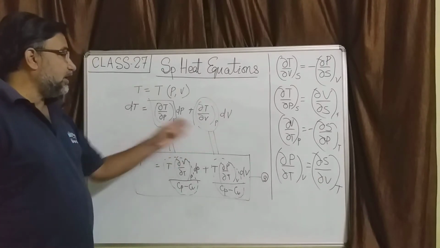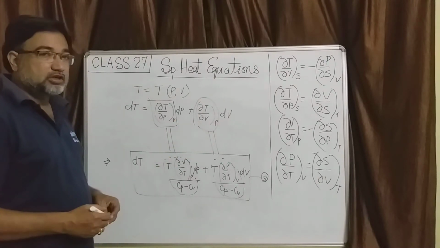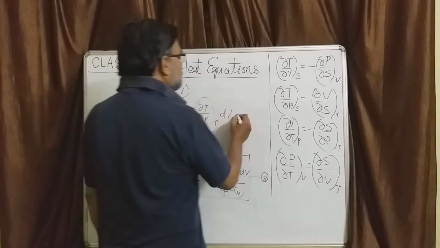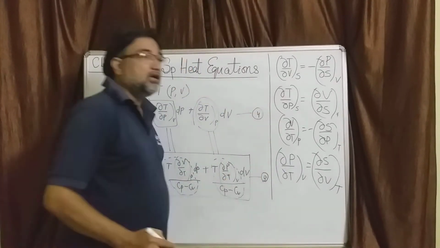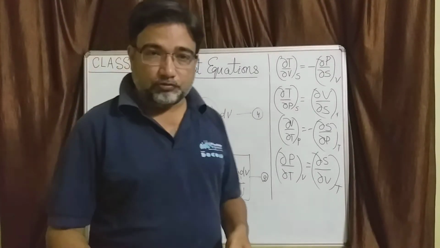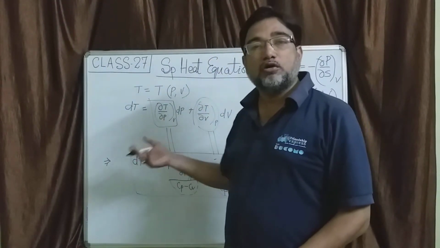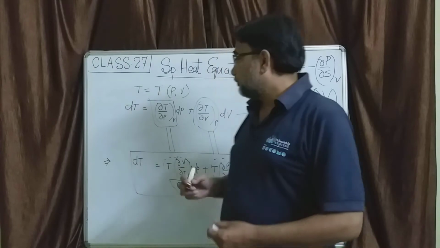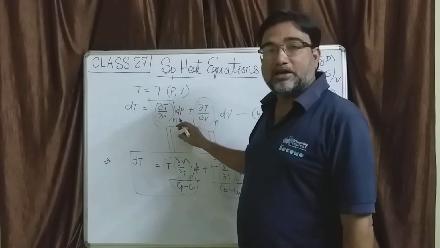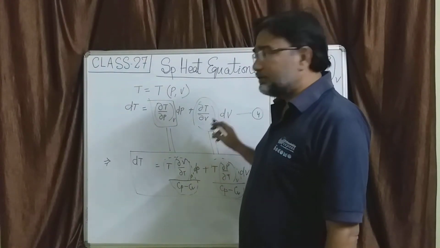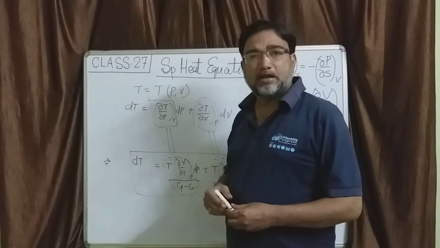Because equation 4 and 3 are actually speaking of the same thing, an expression for dT is equation 3 and equation 4 is also an expression for dT. So we can equate the first term accompanying dP and the second term which is accompanied by dV.